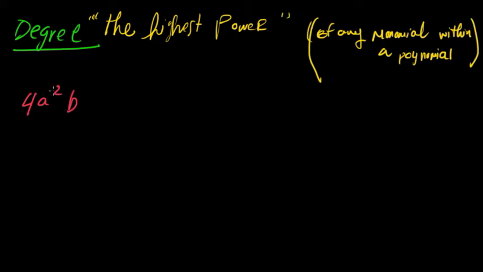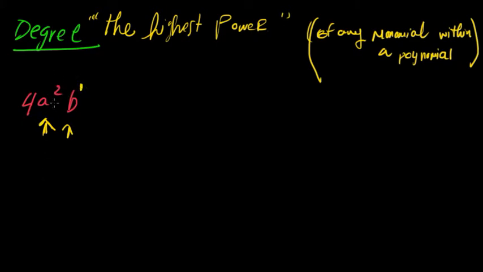In this case, the variables are a and b. Now, 4 does have an exponent, but it's 0, and 0 plus anything gives us the same answer as before, so we're not going to include that. That's why I say add the powers of all the variables, because if they're not given, they have powers of 1.